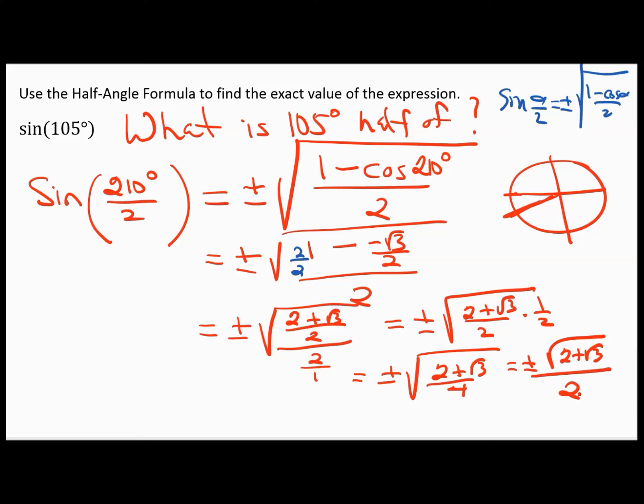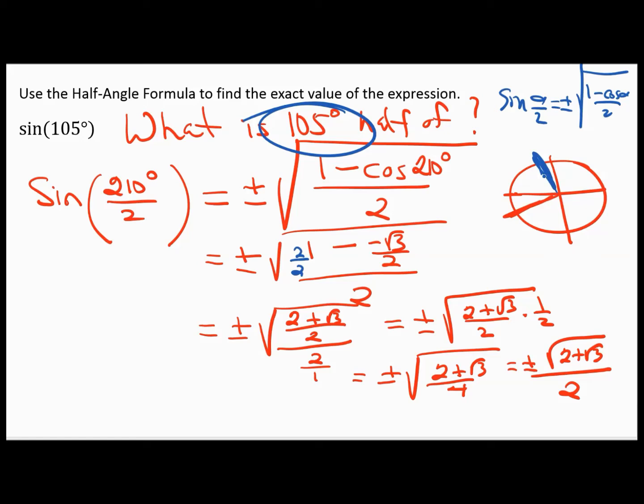Now remember, we can't have a plus or minus answer. It's one or the other. So my final answer, let's write this thing in blue. Now, where is 105 degrees? Remember, the answer we're finding is the sine of 105 degrees. 105 degrees is in quadrant 2, right? Is sine positive or negative in quadrant 2?